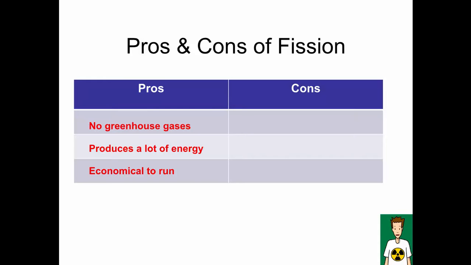There's another problem, and that is what to do with the nuclear fuel once it is no longer usable. Even after all of the energy you can use for generating electricity has been harvested from those little fuel pellets, the material still remains radioactive and dangerous for millions of years.